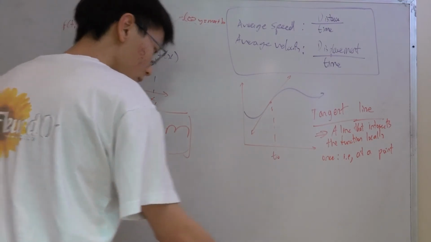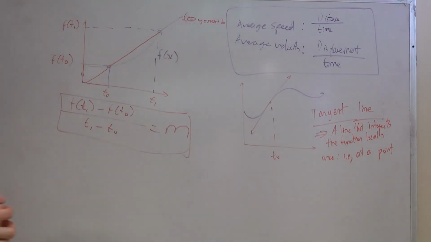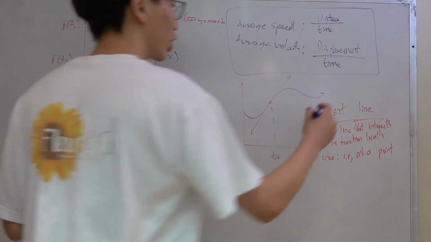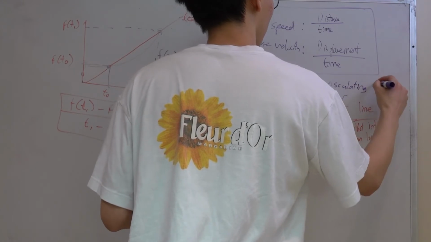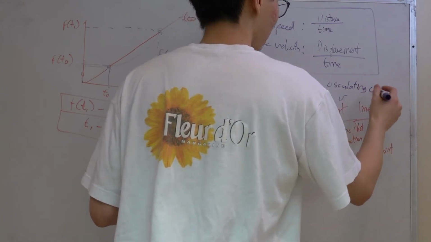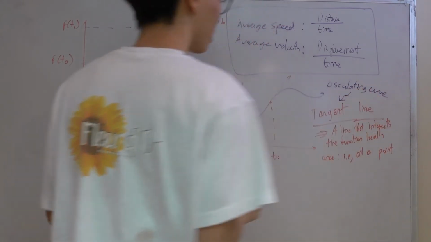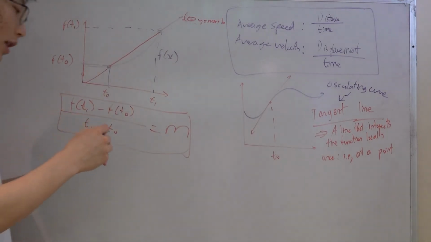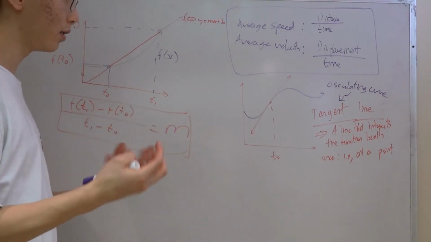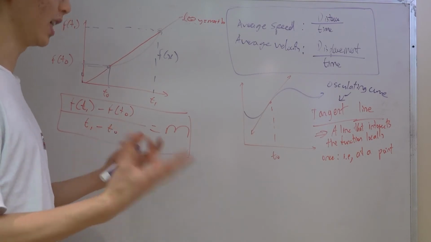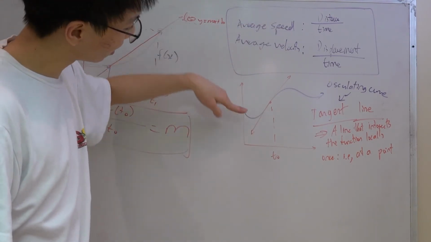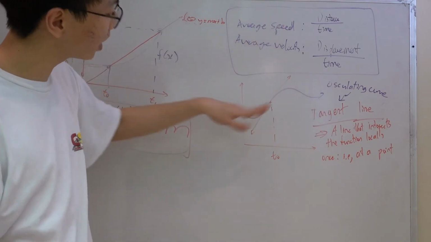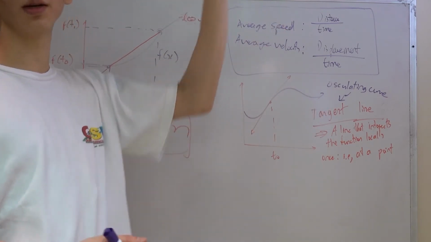In some jurisdictions, they call a tangent line an osculating curve. This is a term I found helpful when I was learning this for the first time. Osculating in the Latin derivative means to kiss. So you can think of the red line as kissing the purple curve. It just hits it once and then it departs.